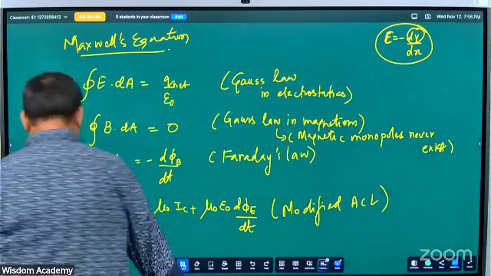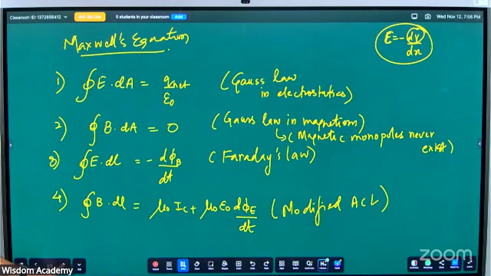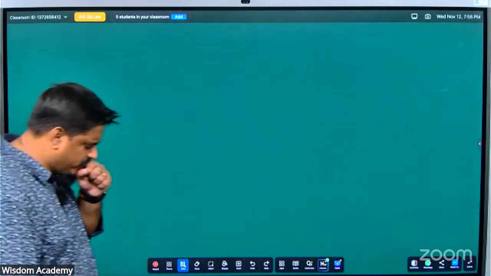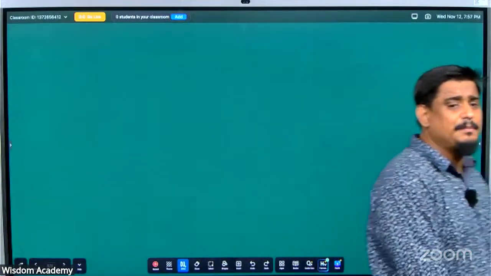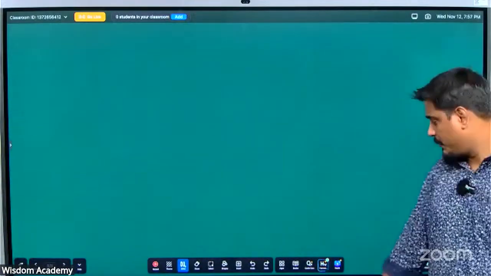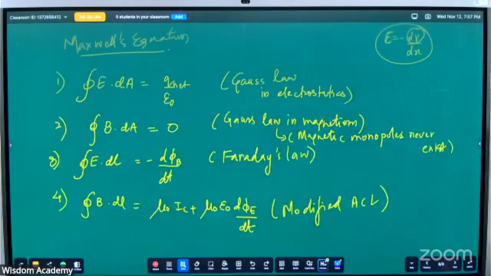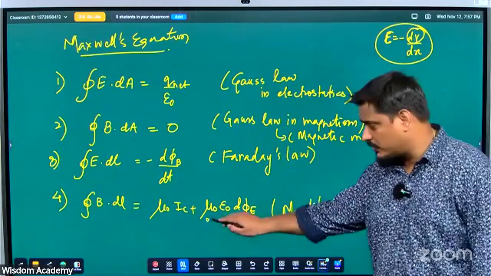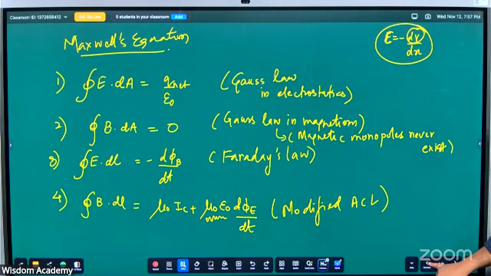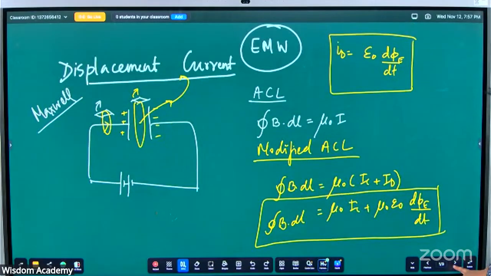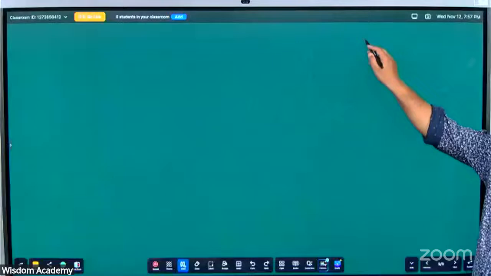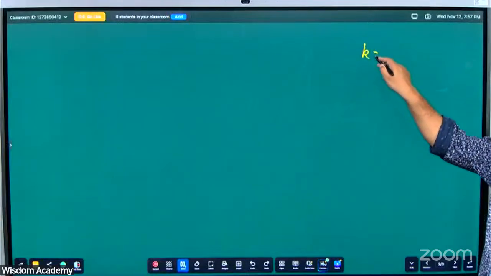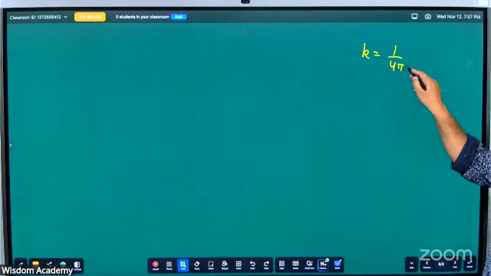Then comes the next topic in this chapter, which is about the relationship between mu naught and epsilon naught. Because you saw in the previous page, I wrote this mu naught into epsilon naught. So it was found that K is equal to 1 by 4 pi epsilon naught. Am I right?